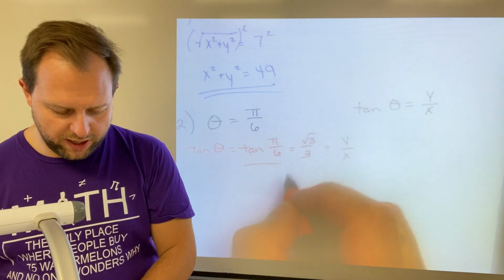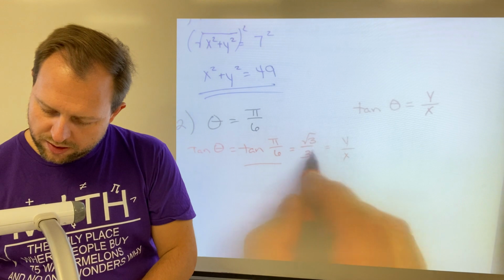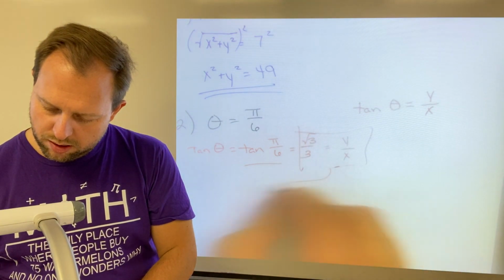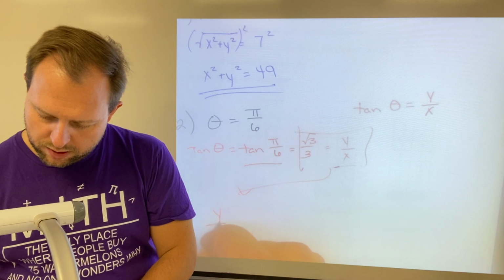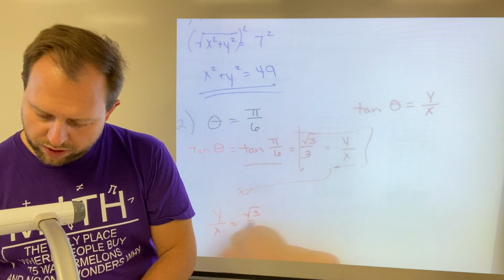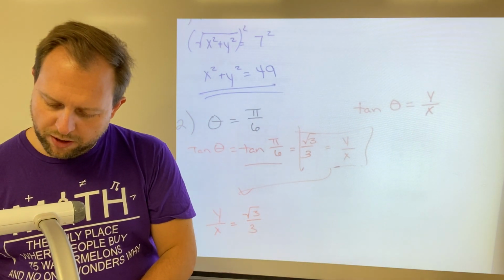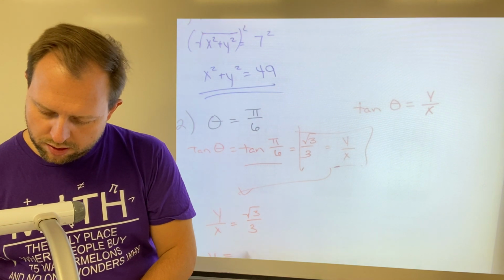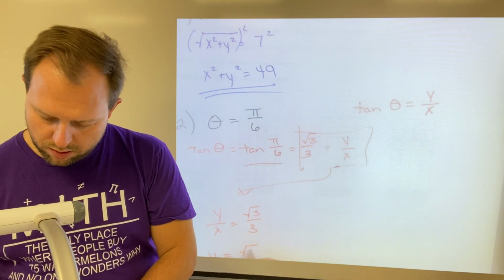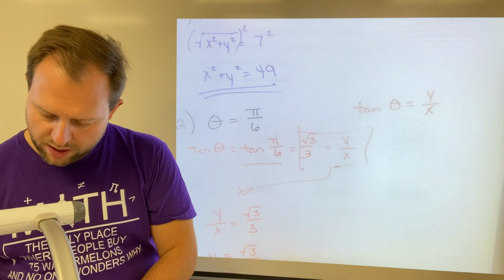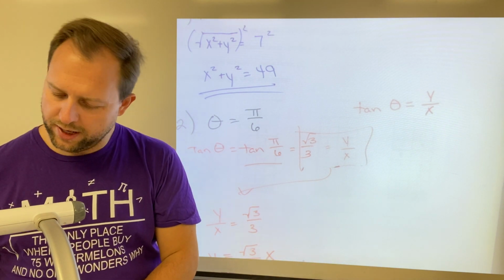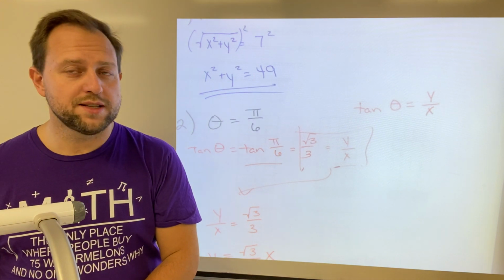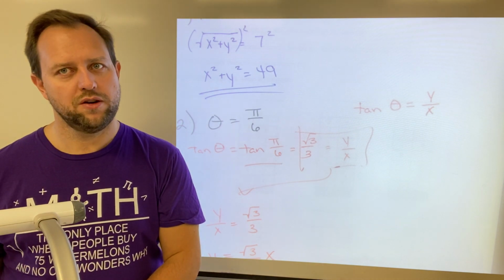So that means we can set this equal, and if we get y over x equal to root 3 over 3, we multiply the x over, and root 3 over 3 is our slope, times the x. There's no intercept because it'll go through the origin.